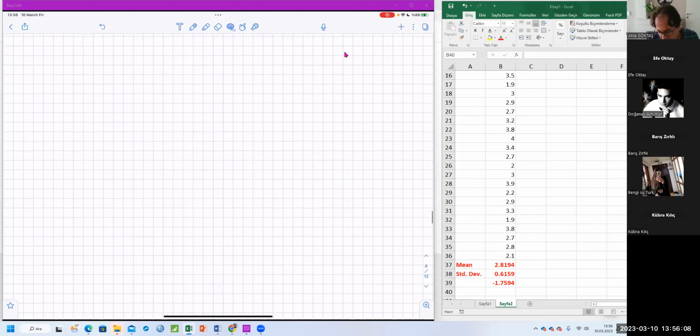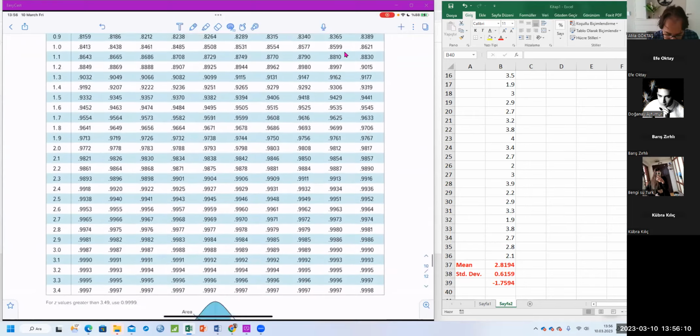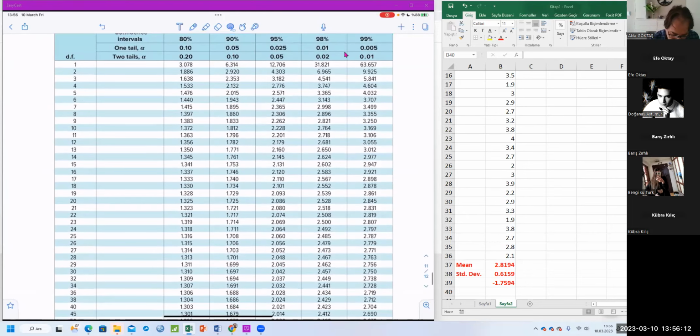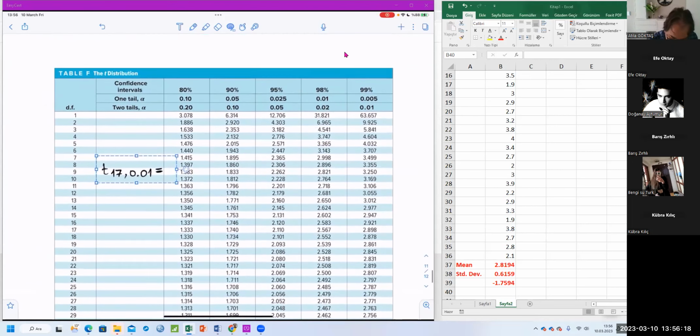If I go to the T distribution table, I'm asking you to determine this value. Read the table and tell me the result of t 17, 0.01.